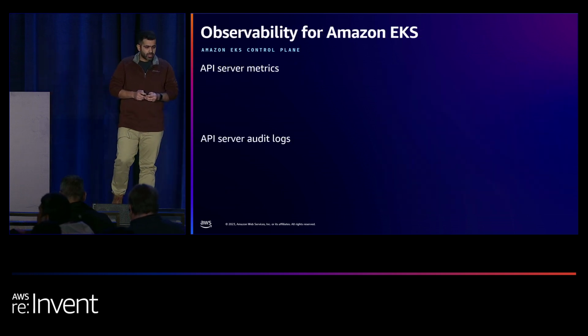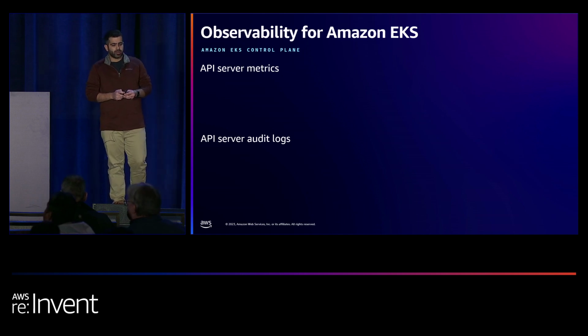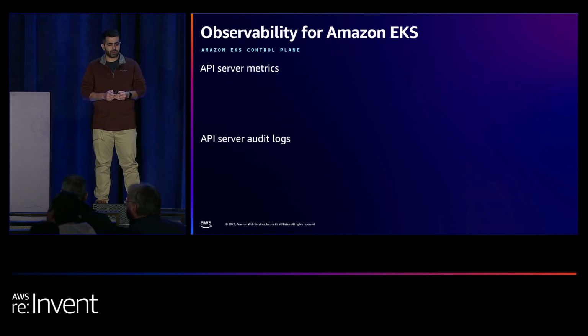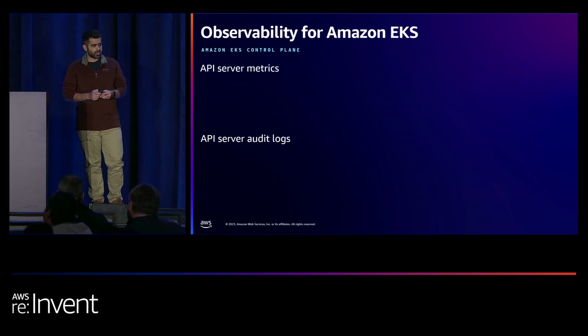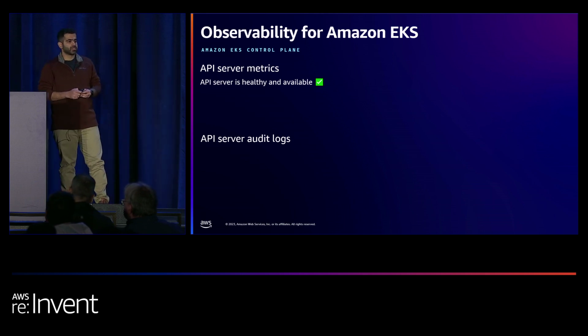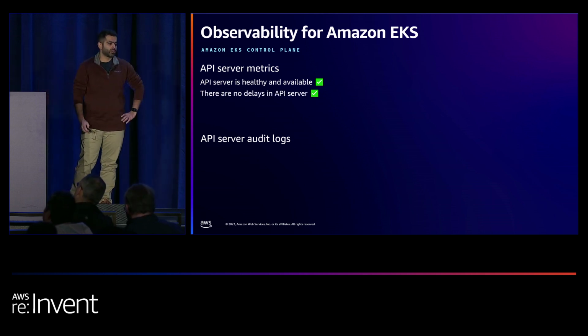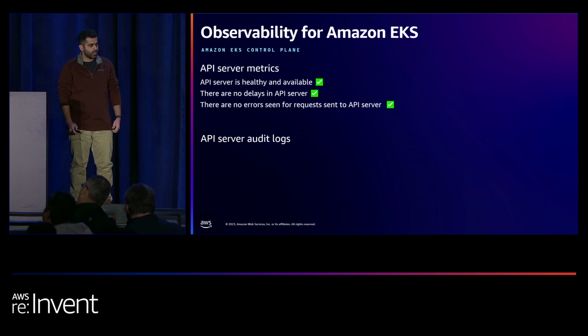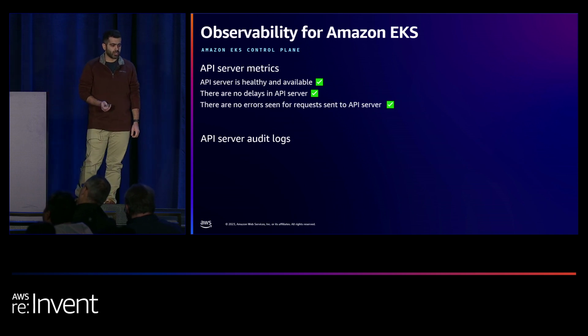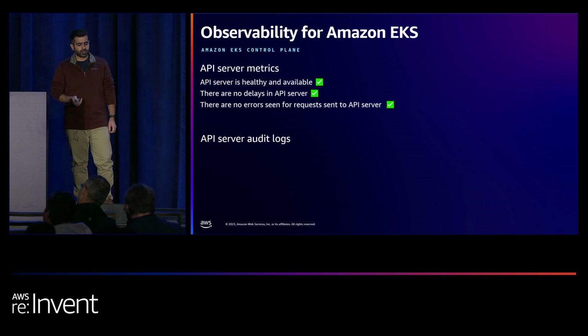Let's start with checking what's happening in the control plane, where you can check your API server metrics and API server audit logs. Starting with the metrics, you can check if your API server is healthy and available, there are no delays from the API server, and there are no errors for the requests that are being sent to the API server. So in terms of API server metrics, everything looks good.